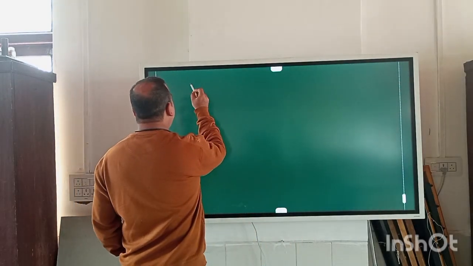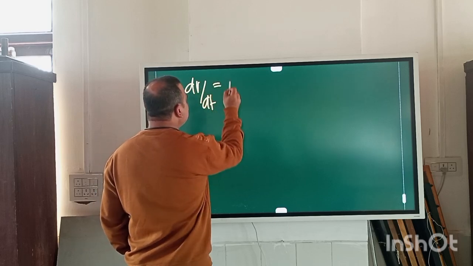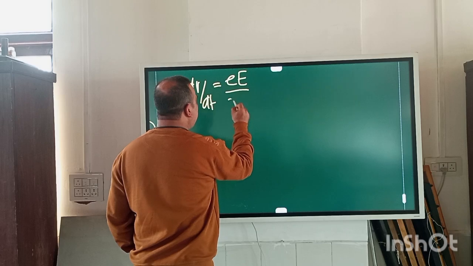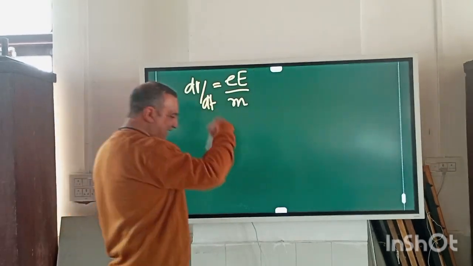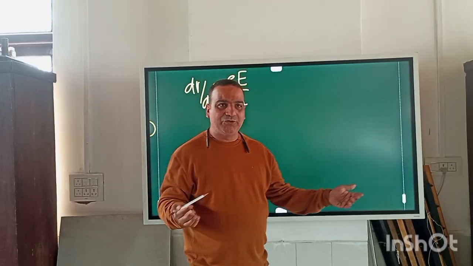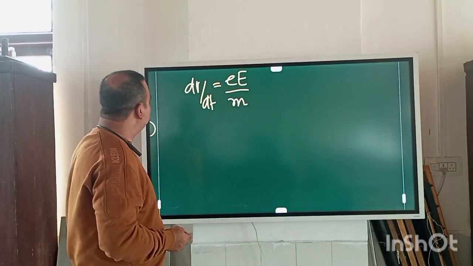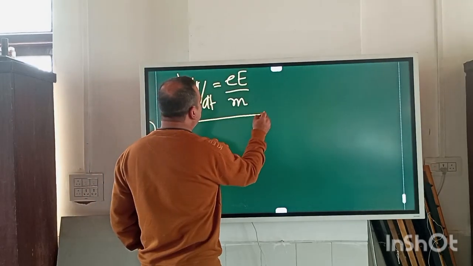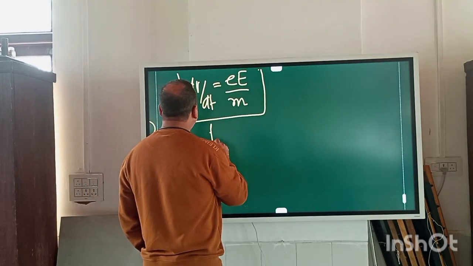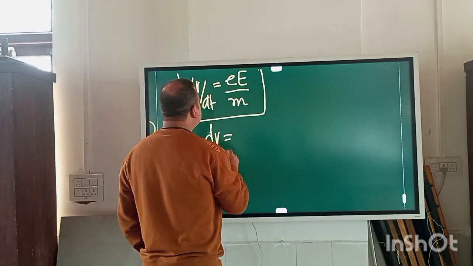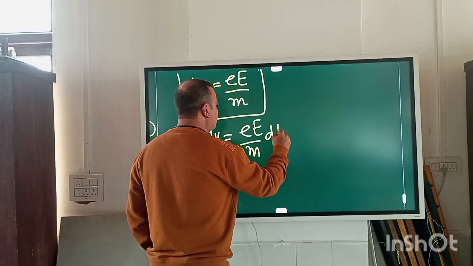So let's proceed from here. What I have is dv by dt equals eE by m, where this e refers to the charge of the electron, E is the electric field that you're applying to the conductor, and m is the mass of the electron. So from here, we can calculate the velocity of this electron. That's going to be dv equals eE by m dt.